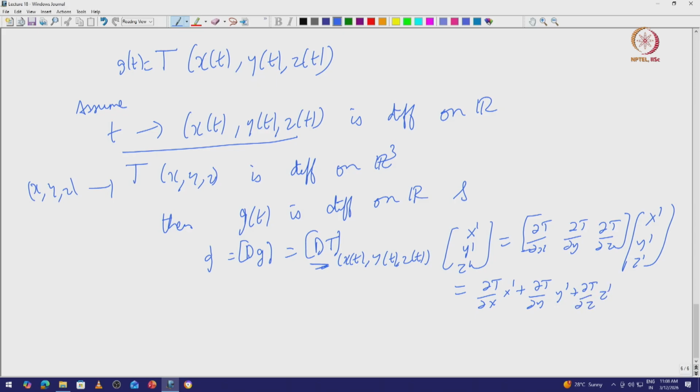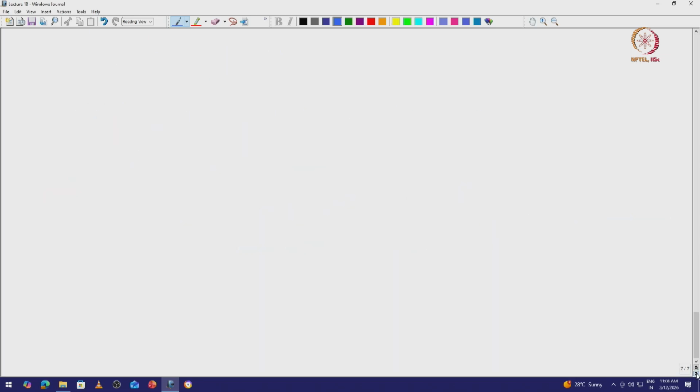Yeah? So this is how you can rigorously derive what we did earlier. Right. And one more rigorous derivation. For example, let's say you take r comma theta to r cos theta and r sin theta.